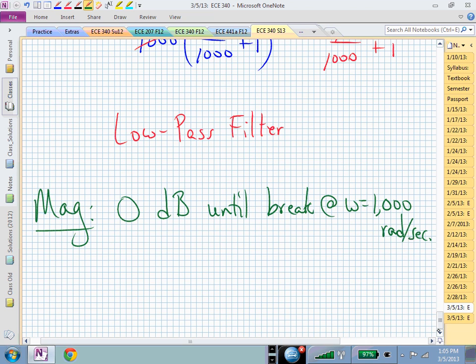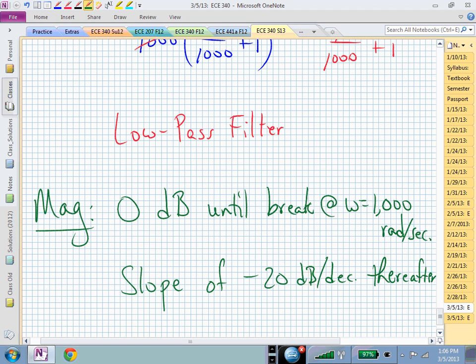Once I've reached the break, then I start sloping. Since it was a pole factor, I'm going down 20 dB per decade after the break frequency. And I just keep going down.